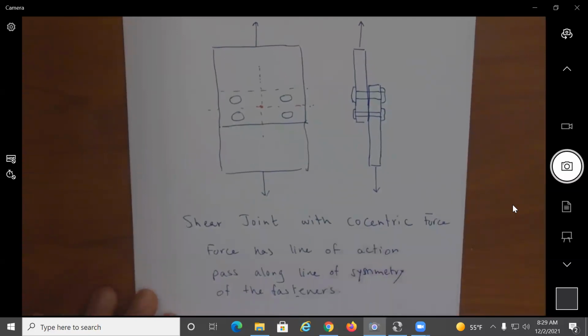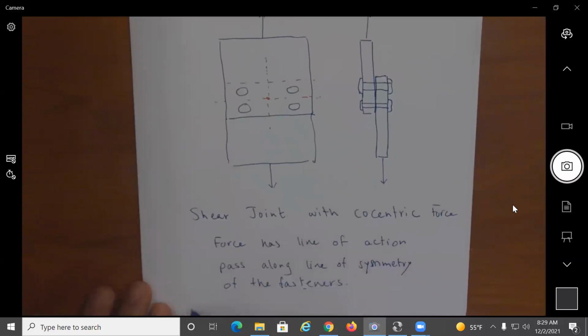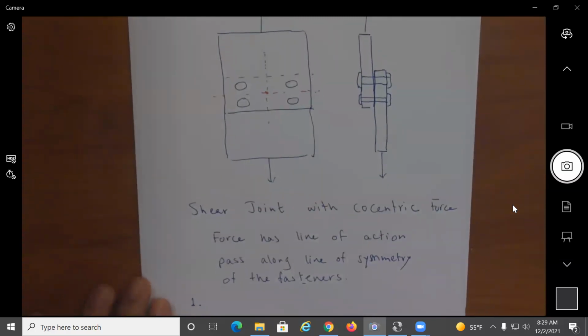And when we looked at this type of connection, we said we are going to consider possible failure modes. And the things we checked for were the shear of the fasteners, and when we looked at the shear of the fasteners, we have to consider whether the shear is going through the threaded or unthreaded portion, which relates to the question that was asked earlier.